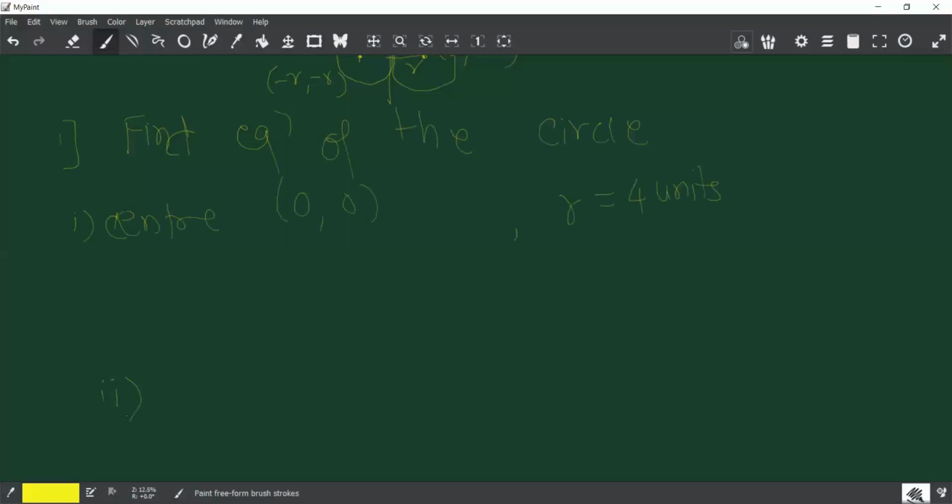But just to make use of all our forms, I am taking this. Perfect. Whenever the center is the origin, it is x square plus y square equals radius square, that is 4 square. So the equation is x square plus y square is equal to 16. That is the answer. Got it?